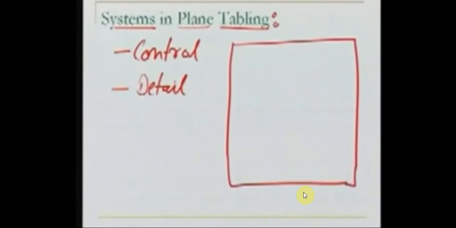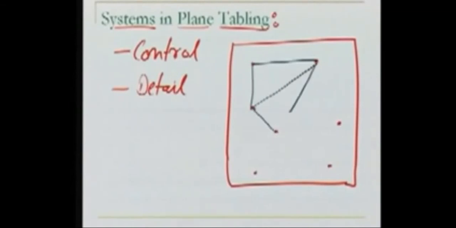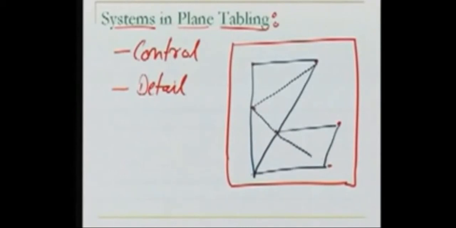the control has been generated by some other method of survey. Let us say that method of survey is triangulation. So what we did, we observed all these triangles, and basically we now know the coordinates of all these points. This is how these points have been plotted on the plane table.